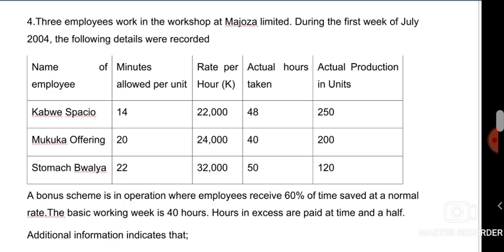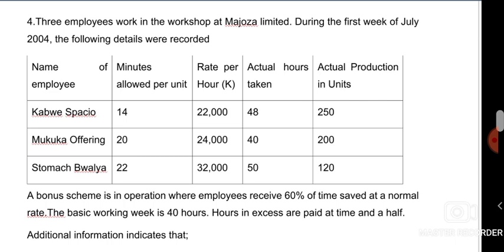Usually when it comes to bonus on time saved, it's given on time that is saved. How do you get that time that's saved? It's basically the actual hours and your standard time. So they will look at what you've actually done. That's the actual hours. For Kabwe there is 48, for Mukuka there is 40, for Stomach there is 50.